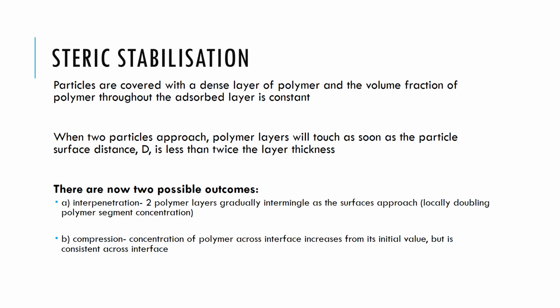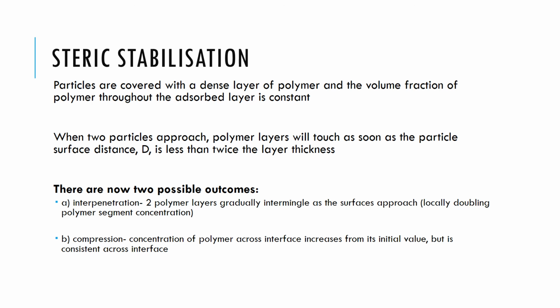Now, as those particles approach, with this polymer jacket, when they get close enough, there are two possible outcomes. The polymer layers on the surface can start to actually intermingle, and they can overlap, or they can start to compress.